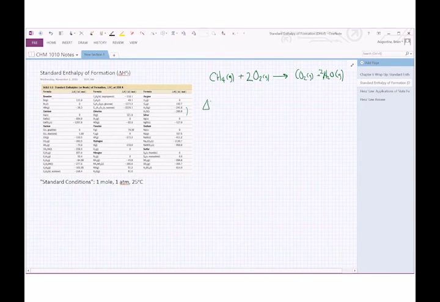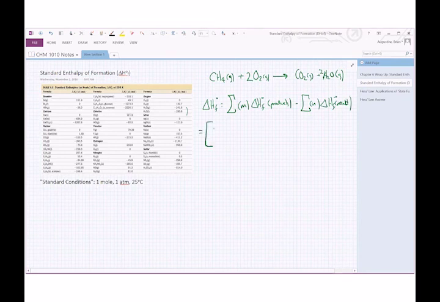Delta H sub F is equal to the sum, number of moles times delta H sub F, products, minus the sum, number of moles times delta H sub F, reactants. Okay, so let's write down what those are. Big brackets here.